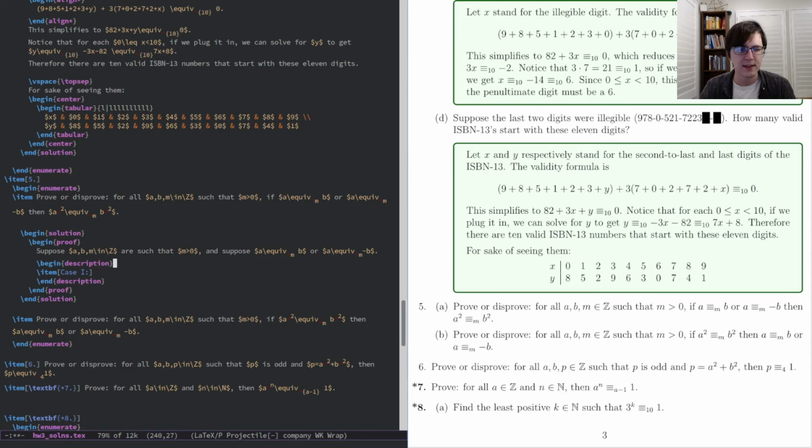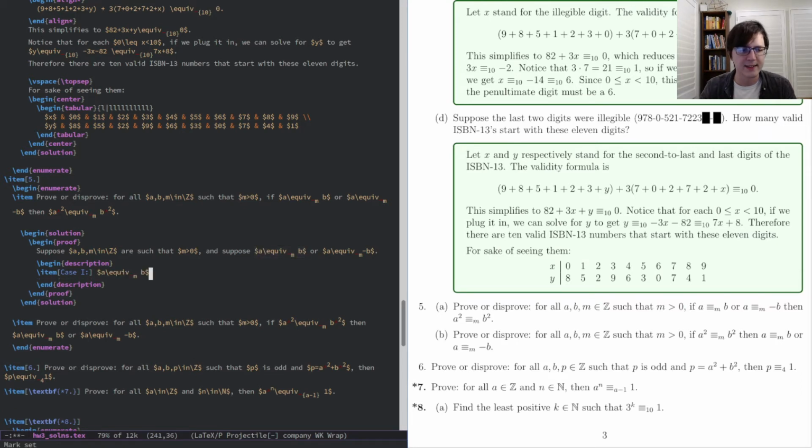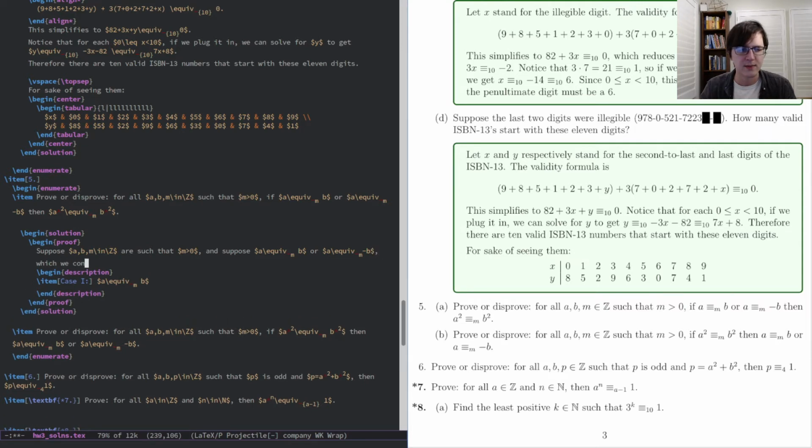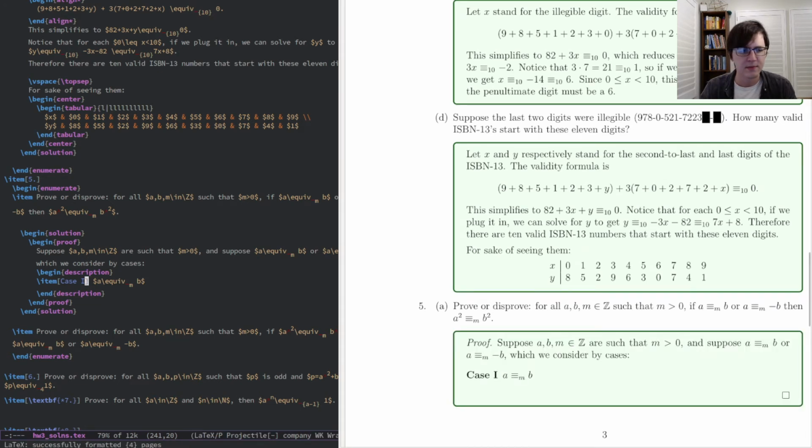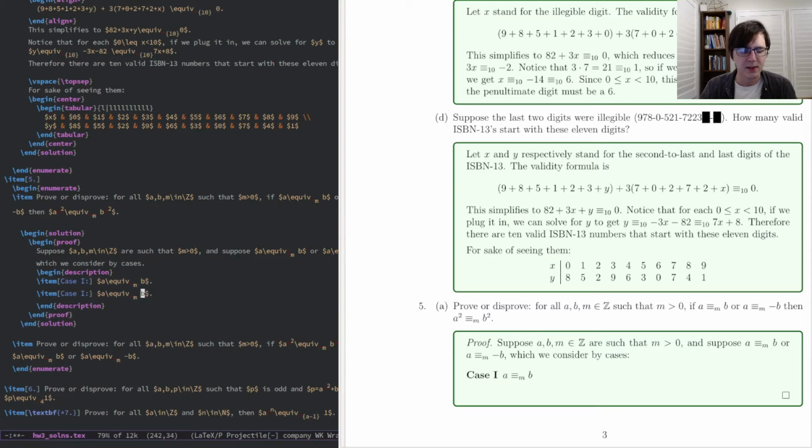So case 1, and the thing we're doing our cases on, I guess, is implicit here. Maybe that makes it clear. Okay, let's just set up both cases.